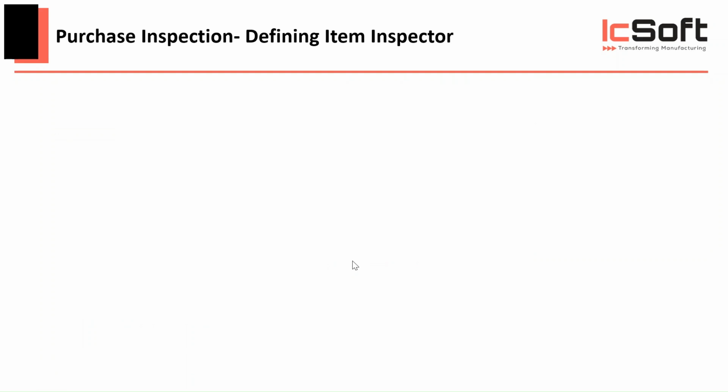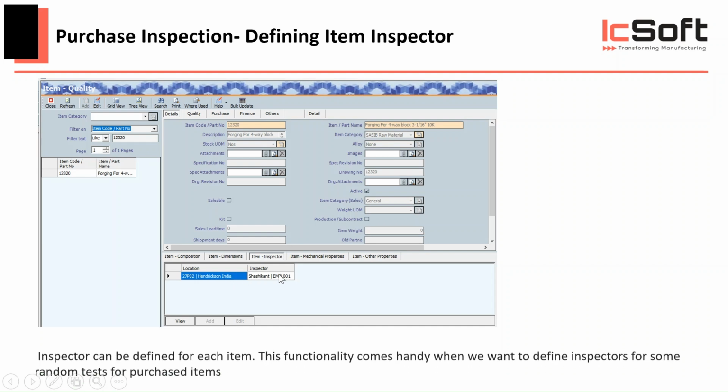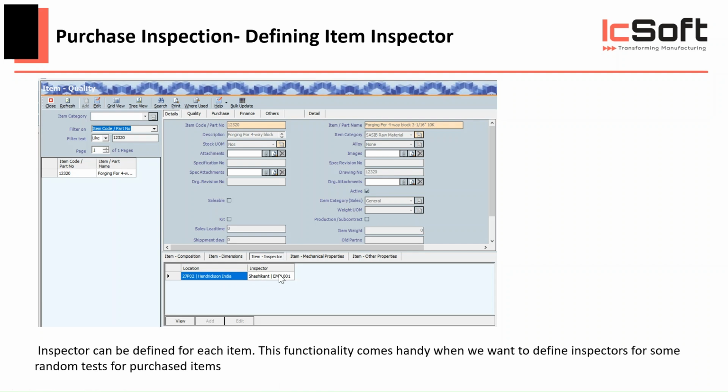Like composition, we can also define item inspector, who is responsible for carrying out the inspection. So here we have defined the person who is responsible for carrying out the inspection. And this comes very handy when we have to specially perform some random tests and we want to assign those random tests to someone.